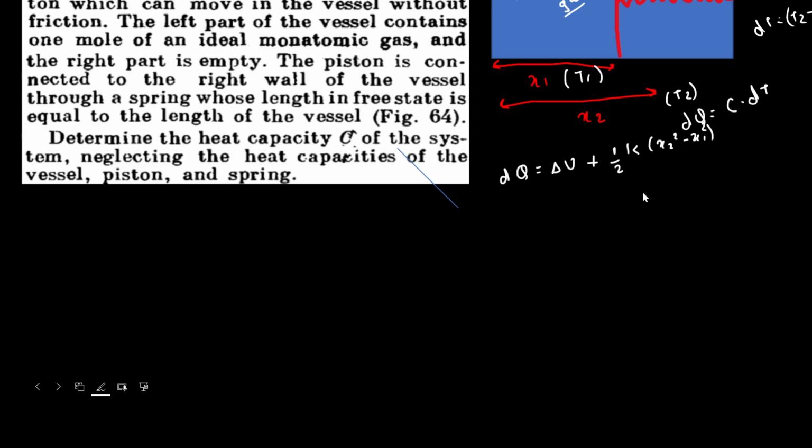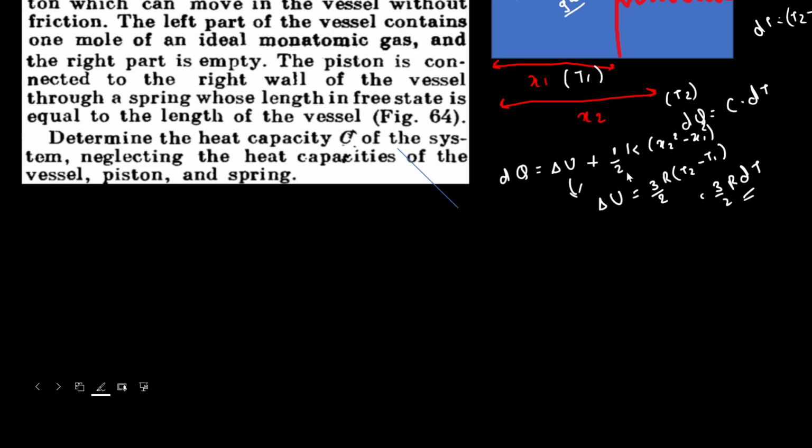And now this delta U is very easy to find. Delta U is equal to 3 by 2 R (T2 minus T1), that is 3 by 2 R dT. N is 1 again, since there is 1 mole of gas, so we assume n to be 1 and we get this result.